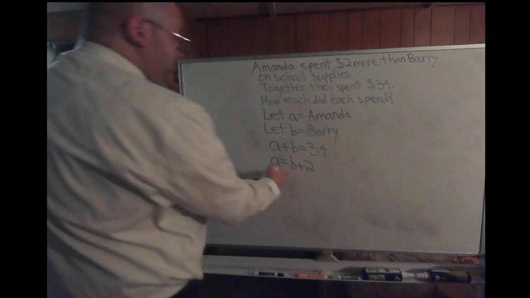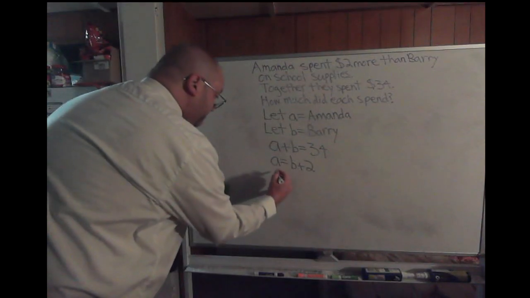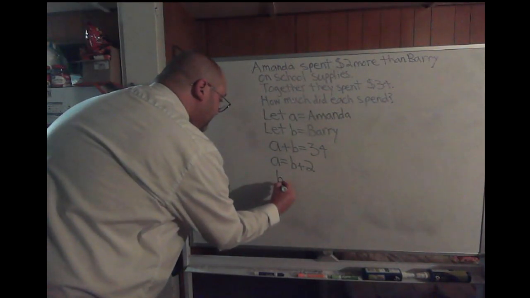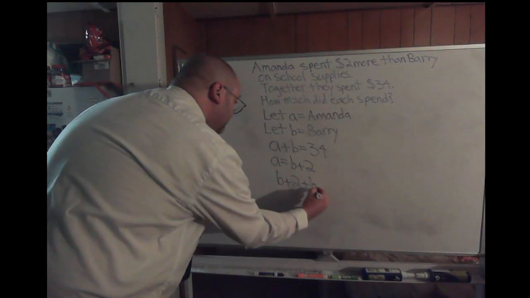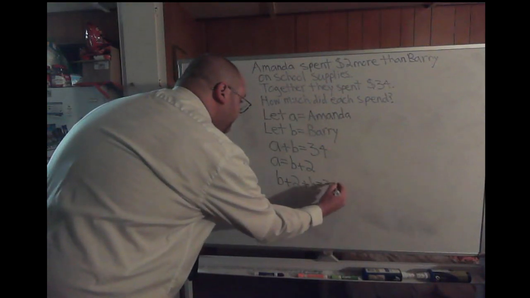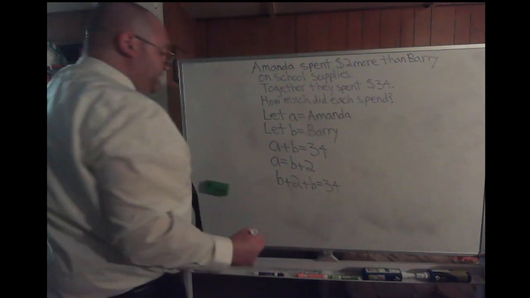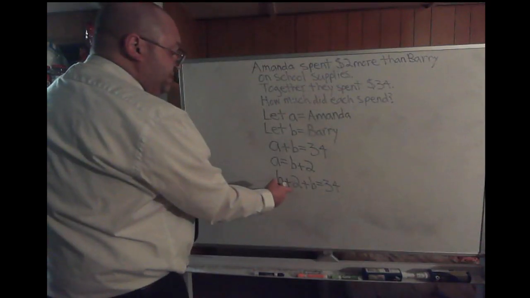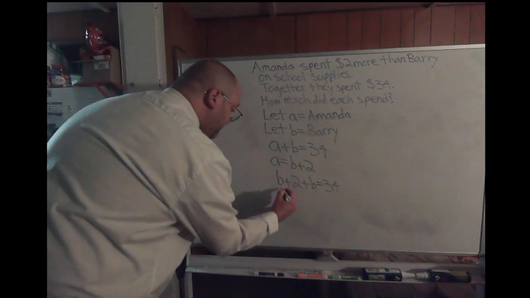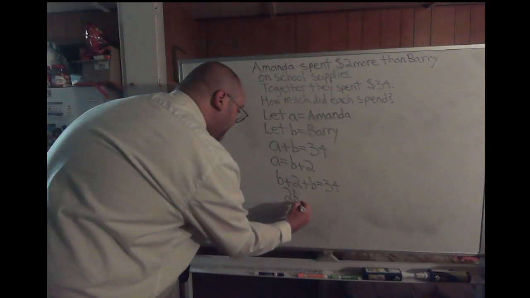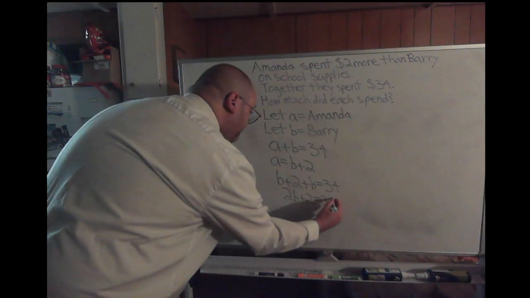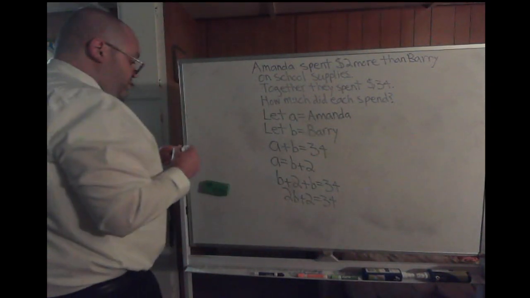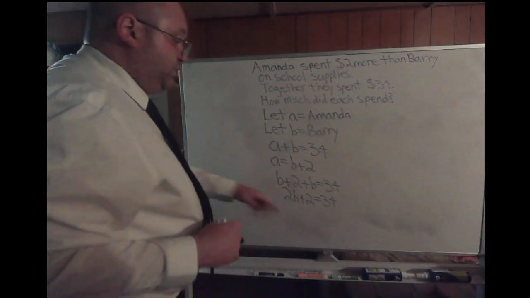Since A equals B plus 2, we could substitute the B plus 2 in for where we see A. So we'll have B plus 2 plus B equals 34. Okay? Left side, B plus 2 plus B, when we simplify that, it turns into 2B plus 2 equals 34. Well, we got 2B plus 2. We just want to get 2B.